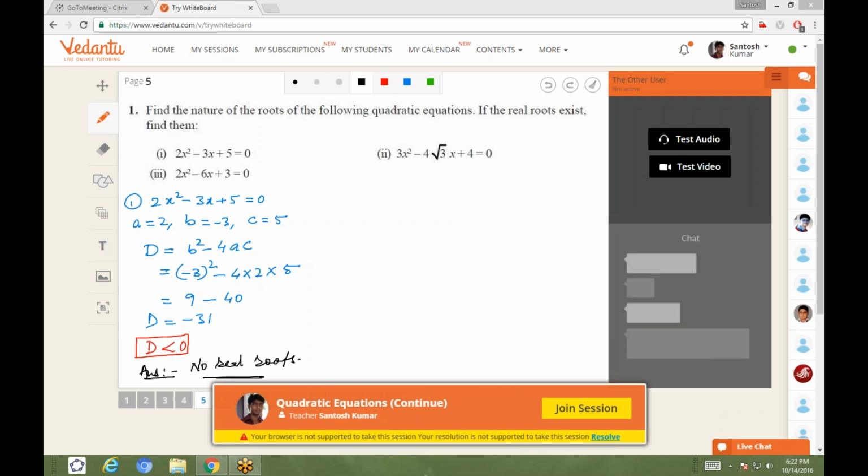Oh, you are there. Good, Aditi. So what is the root? Find it and post it in the chat box. Everyone, if you find the answer, post it in the chat box.